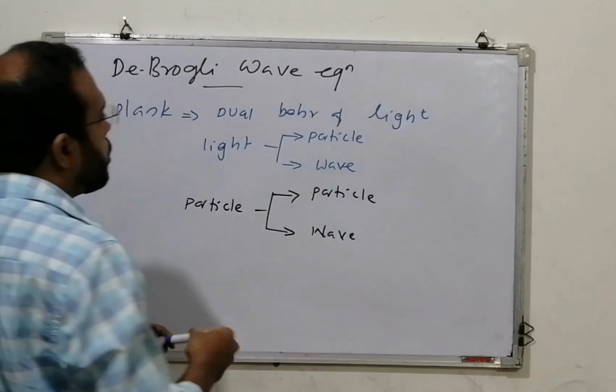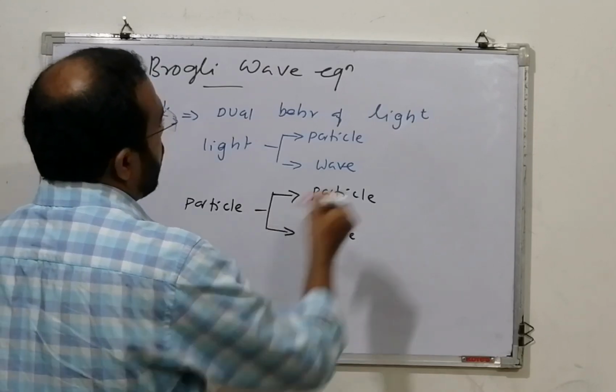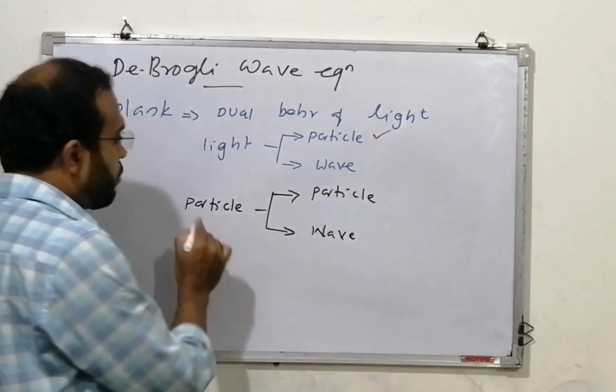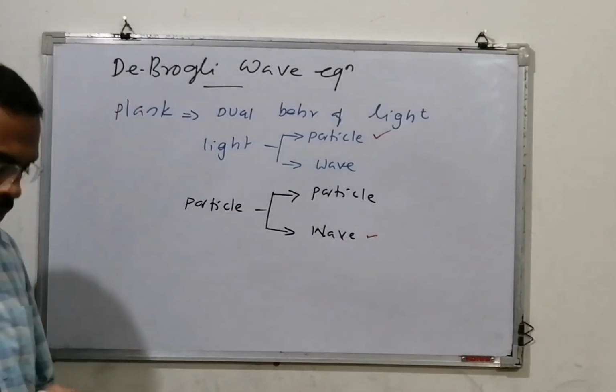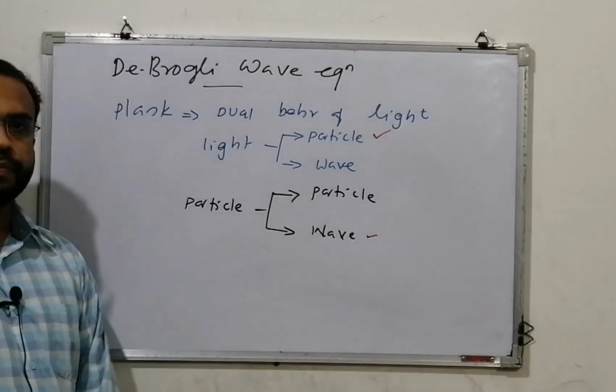For light, particle nature was the benchmark, revolutionary. But for particles, De Broglie proved that they should have wave nature.